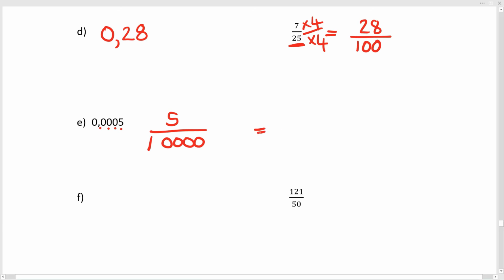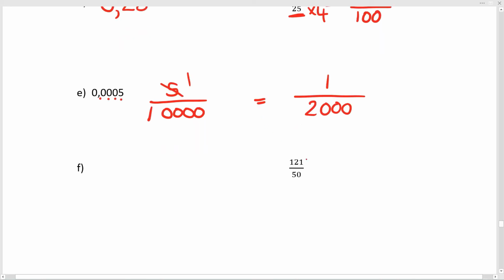Okay, and that can be converted to a simpler fraction. 5 goes into itself once, and you might need to use the calculator to tell how many times 5 goes into 10,000. It's 2,000 times. And then you've done a baby step on the calculator, but you haven't done the whole thing on the calculator, and that's what we need from you, is to do the main calculations in your head.